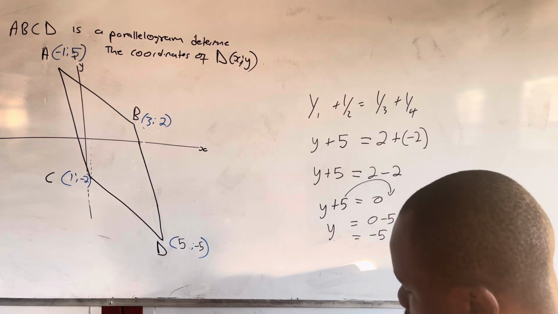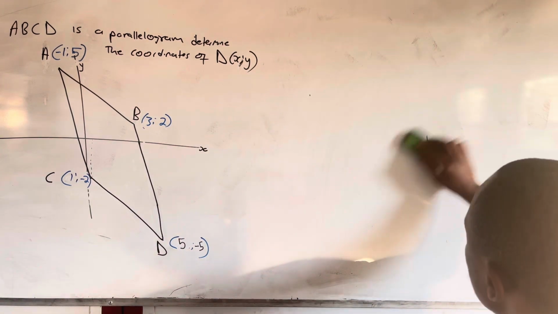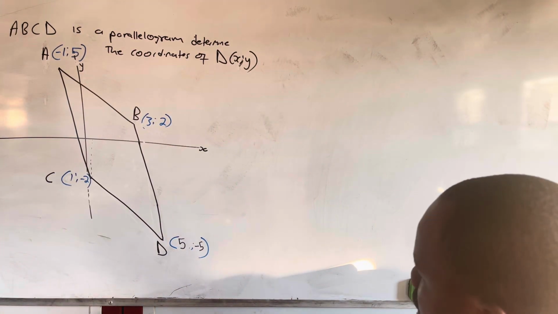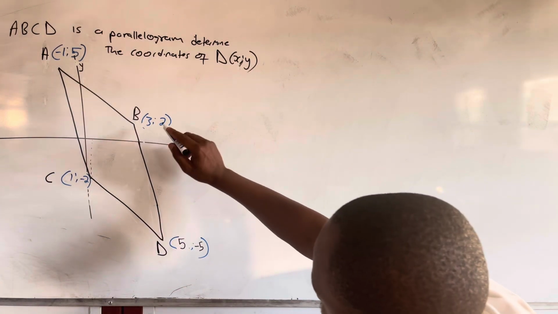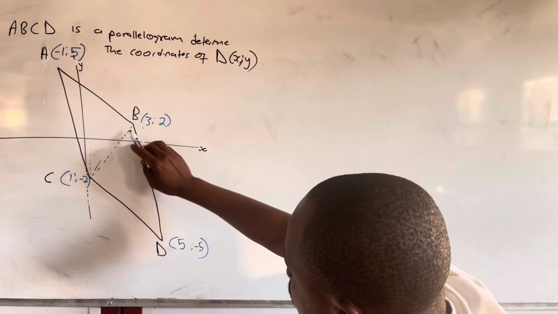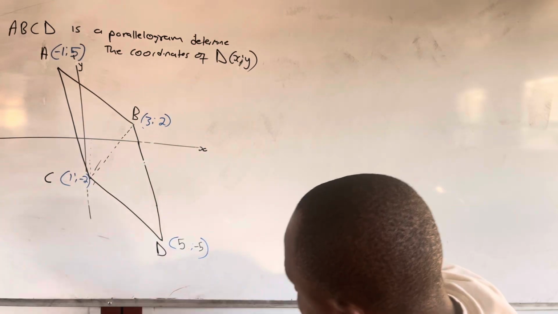Okay, so now if ever you want to prove that x is 5 and y is negative 5, you can firstly determine the midpoint of the line BC, okay?